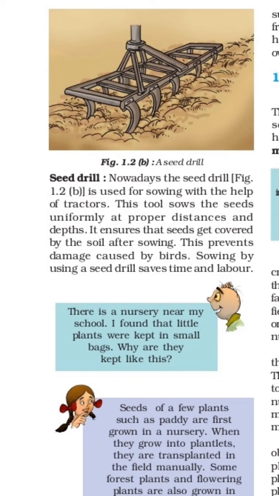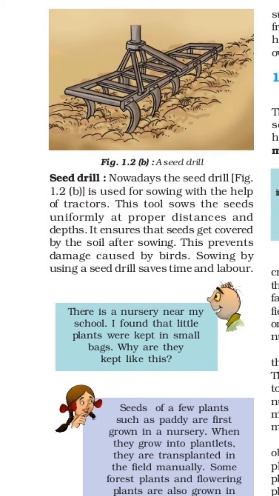It ensures that seeds get covered with the soil after sowing, and this prevents damage caused by the birds. And sowing by using the seed drill saves labor and time.